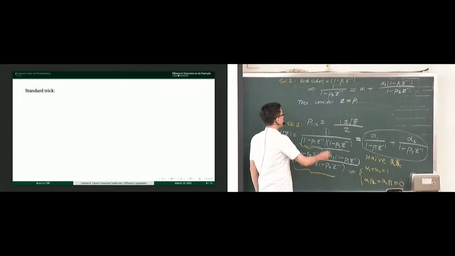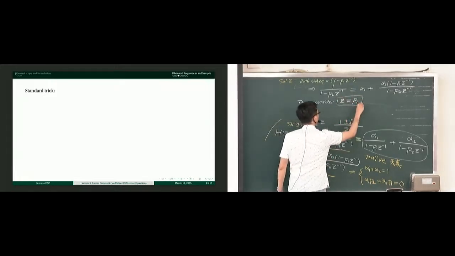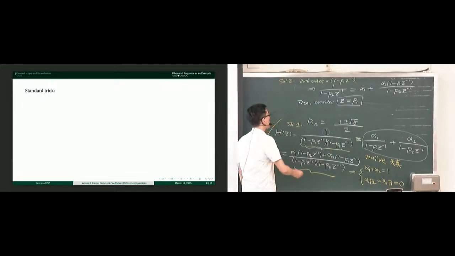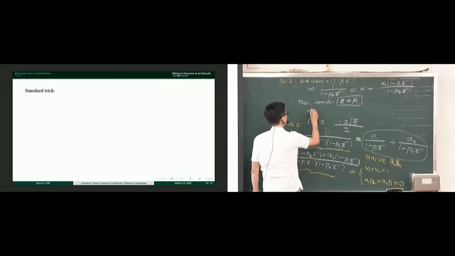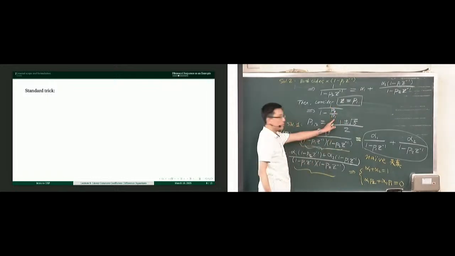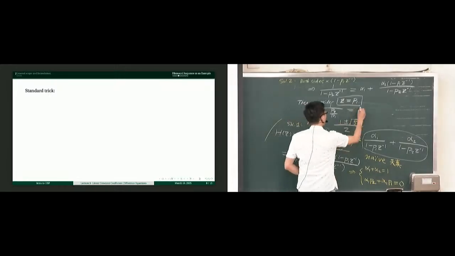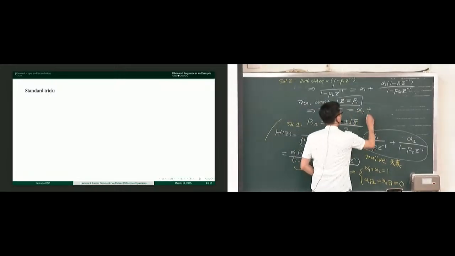Right? If we just evaluate both sides of the equation at Z equals to P1, then 1 minus P2 divided by P1, right? Z equals to P1, okay? Equals to alpha 1 plus what?